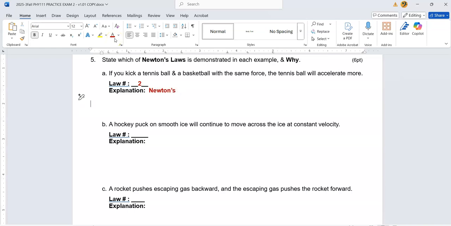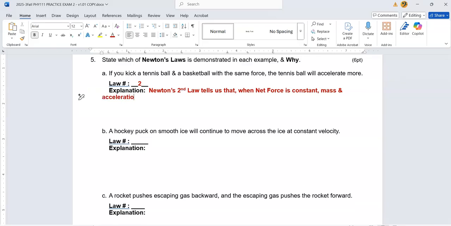Newton's second law tells us that when net force is constant, mass and acceleration are inversely proportional. Now, you don't need to know inversely proportional, but you do need to know what it means.